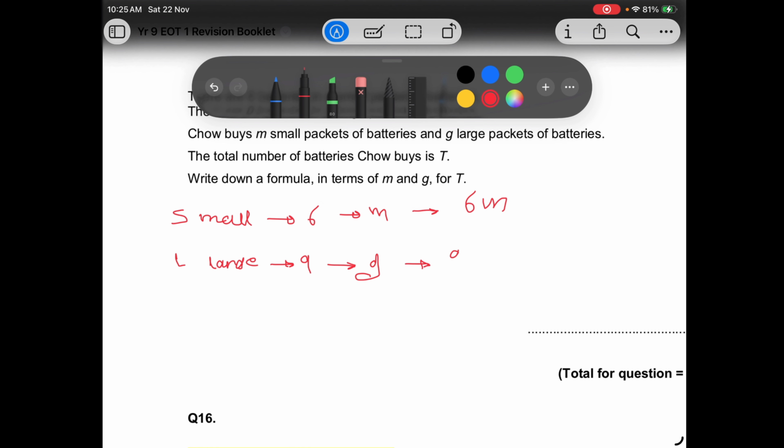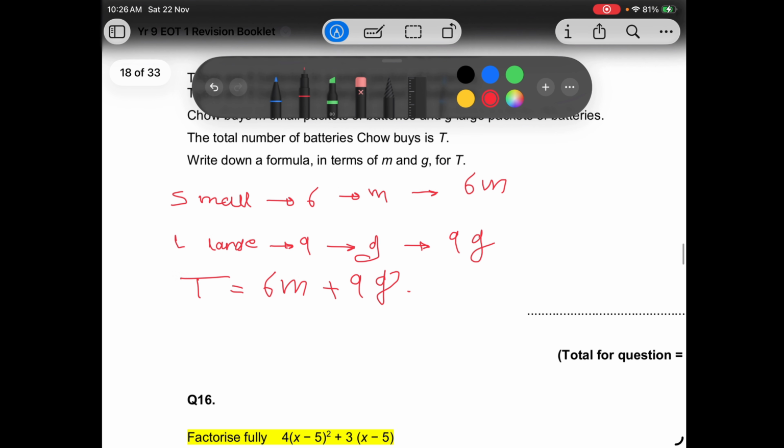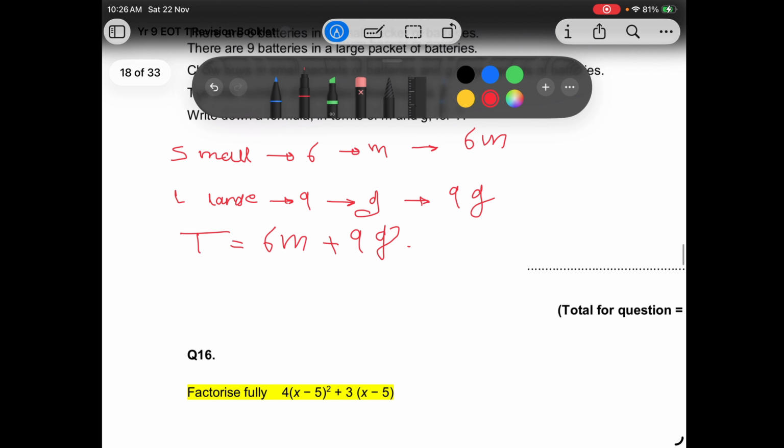It will be 9G, because 9 in each and we have G buckets. So the total T will be the sum of these two: T equals 6M plus 9G, and this is what is required in this problem, to write down a formula in terms of M and G, and that's it.